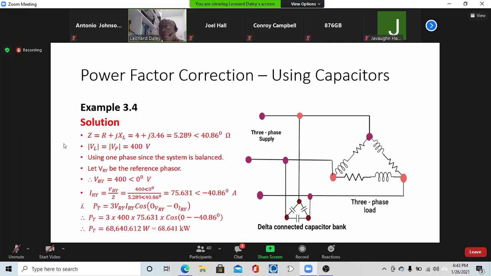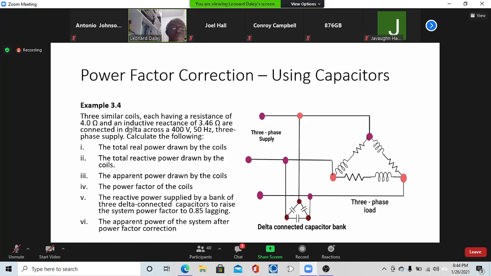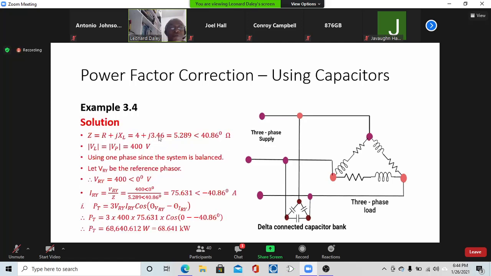As usual, let's get into what we know. Z is equal to R plus jXL, and that was given as 4 plus j3.46. So the impedance in each phase is 5.289 at angle 40.86 degrees.